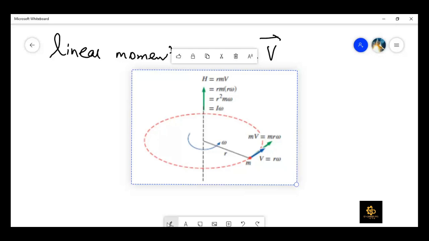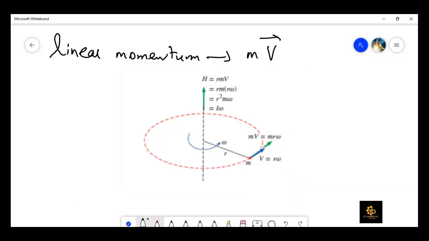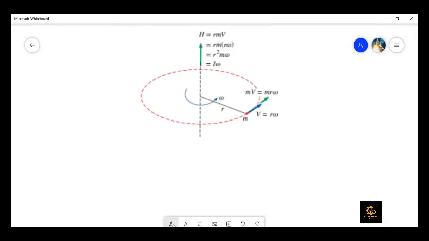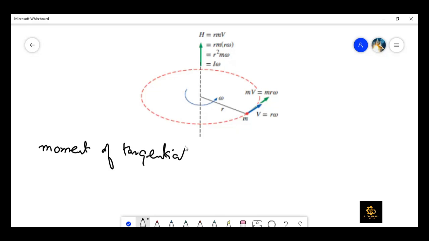Let me write it here: the moment of tangential momentum, which would cause some kind of torque, would be equal to m into v, that tangential momentum, into the perpendicular distance between the axis of rotation and that point.